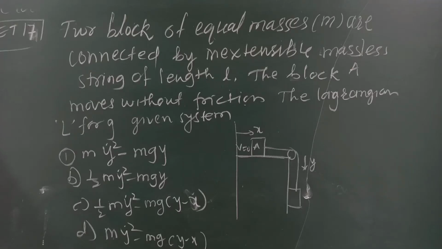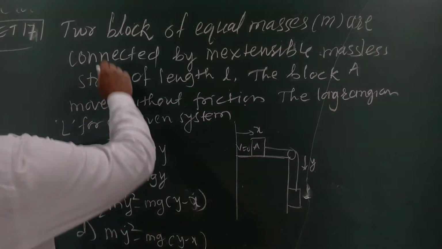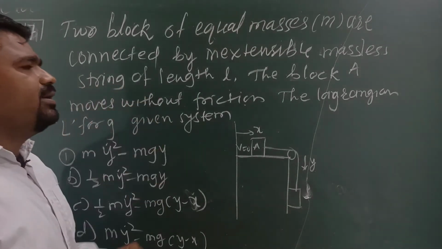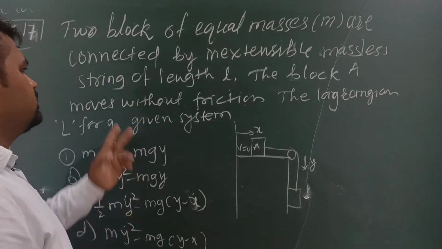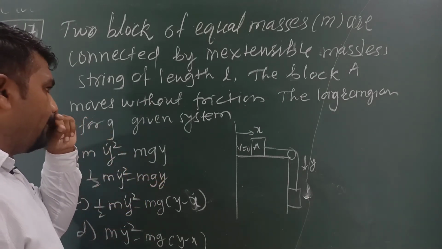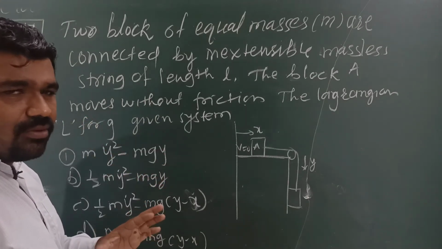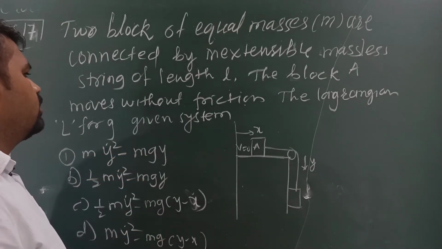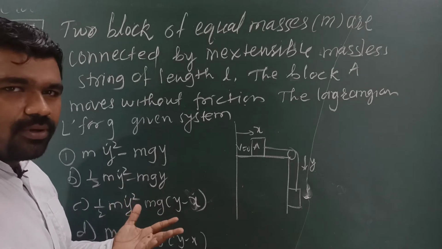Next question, 2017 question. Two blocks of equal masses m are connected by an inextensible massless string of length L, and block A moves without friction, meaning no loss of energy. Find the Lagrangian for the given system.